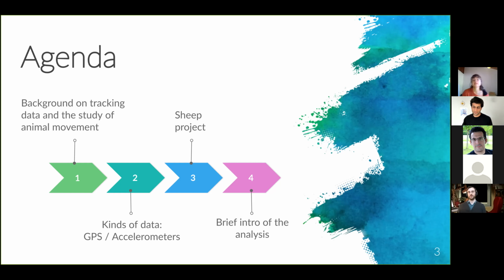Then I'm going to talk a little bit about the SHIP project. That is a project that we conducted here in Bariloche with my advisor and other researchers. And finally, I would like to give you a brief introduction of some of the analysis and models that we use to analyze the tracking data.